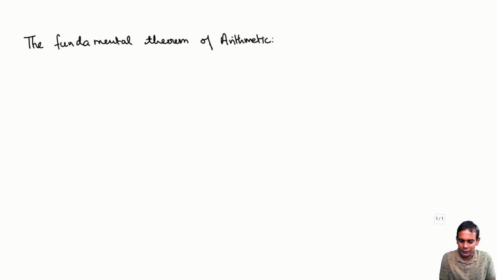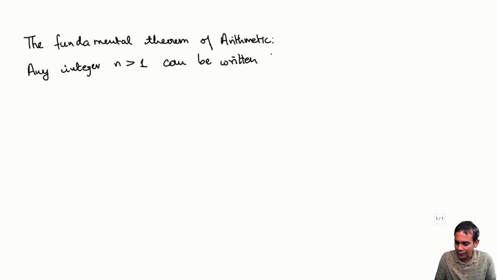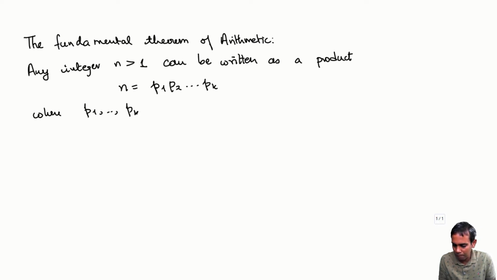What this theorem says is that any integer n greater than 1, so at least 2, can be written as a product n equals p1 p2 ... pk, where p1, p2, ..., pk are prime numbers.